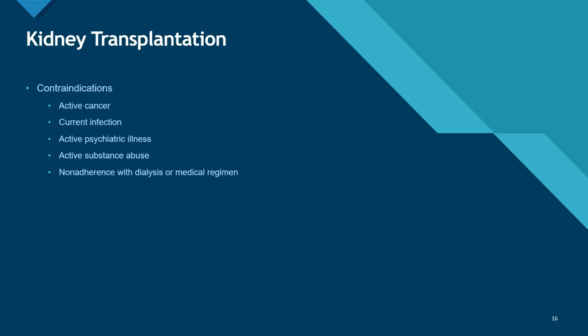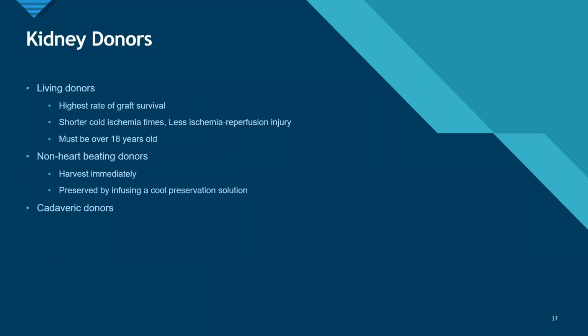Many homeless have psychiatric illnesses, and they're not going to be compliant with medication. If they're still using drugs or alcohol, same thing as with a liver transplant, they can no longer drink. And if they haven't been compliant with their dialysis or the medical regimen, they're not going to be a candidate for a kidney transplant.